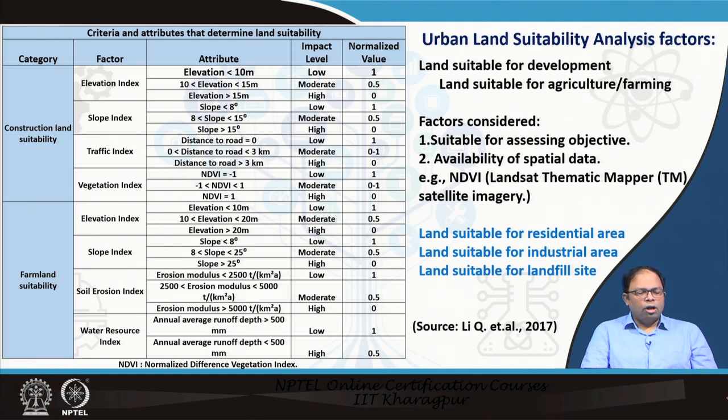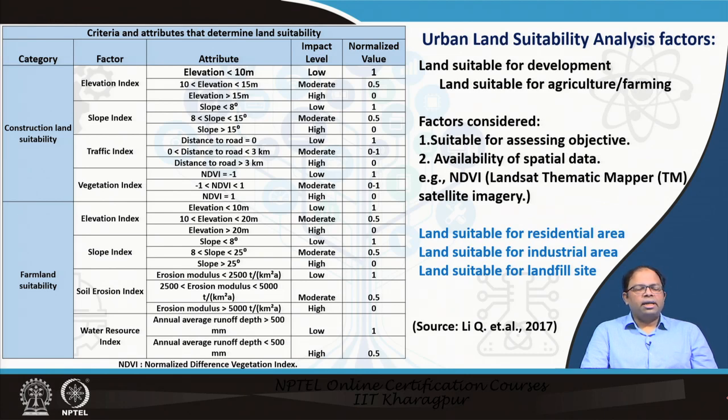Some of the factors are common in both suitability assessments, but some factors are different. For example, water resource index and soil erosion index have been added in farmland suitability, which are not there in the construction land suitability, whereas slope index and elevation index remain in that.